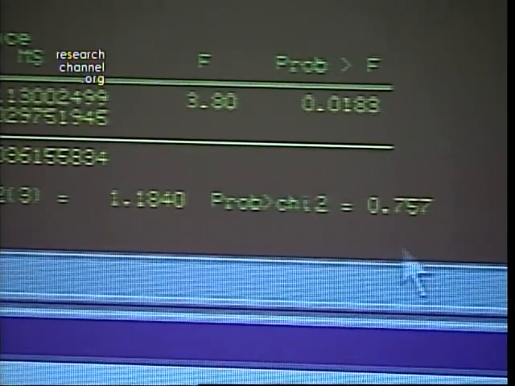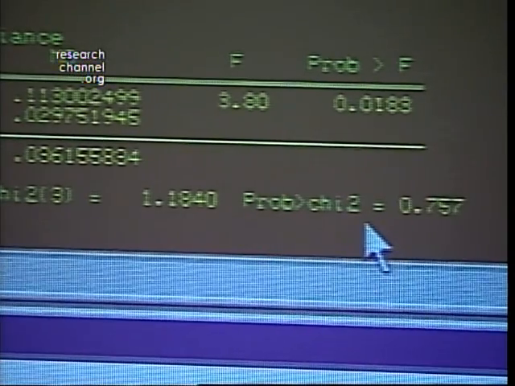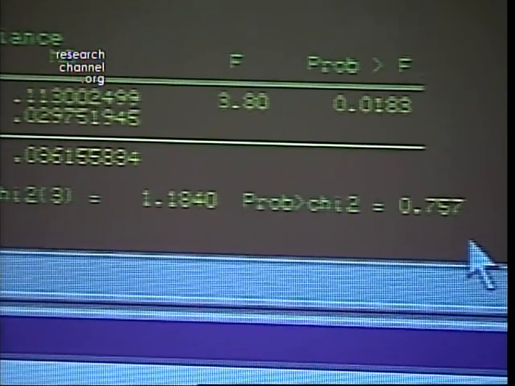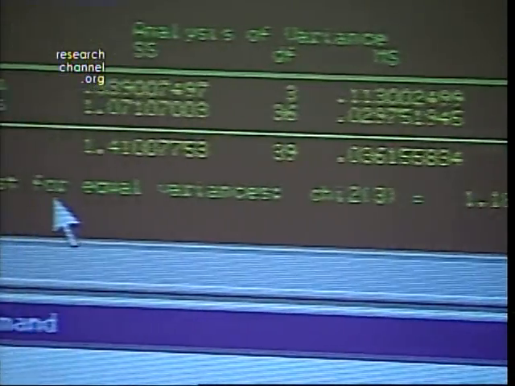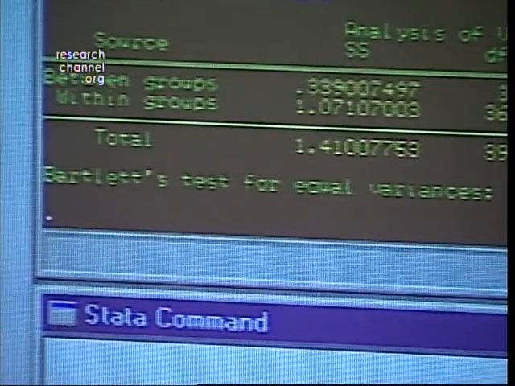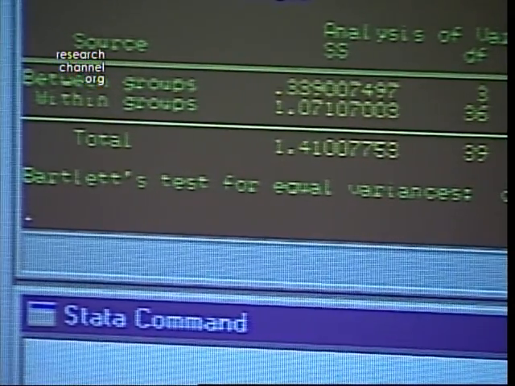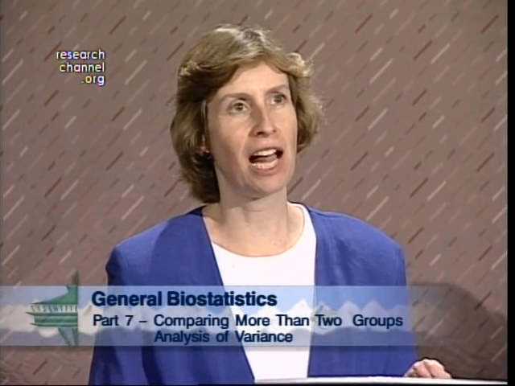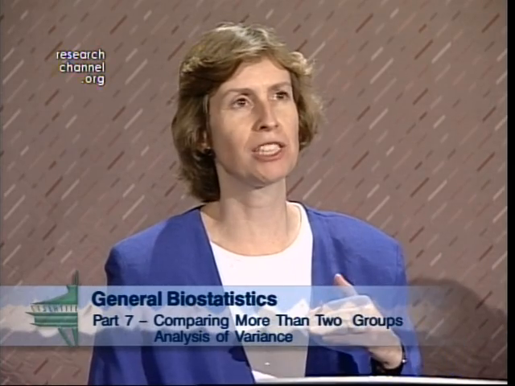So here we can feel pretty happy with the fact that the variances appear to be the same in all 4 groups. Now, if I got a p-value associated with this Bartlett's test for equal variance that was less than 0.05, then I'd want to hang this up and go to another method. For instance, there are non-parametric methods of analysis of variance that use ranks and don't assume the parametric distribution.